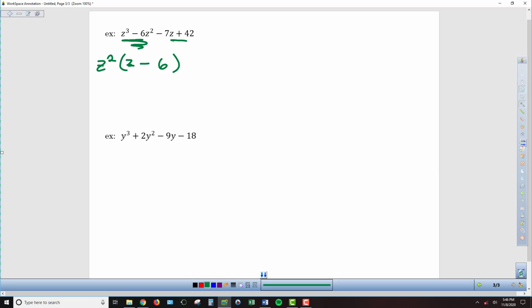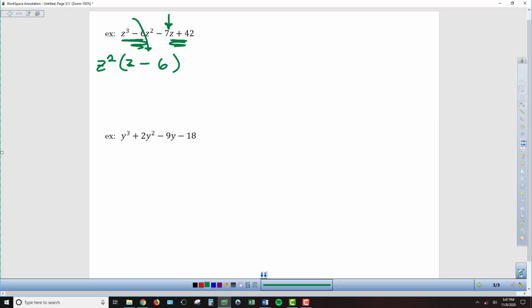Step 2 now, I need to factor from this second set of terms. Now I need to end up with this exact same thing left behind in the parentheses after I have factored out whatever it is I'm going to factor from that second half. I have to end up with z minus 6 left behind.